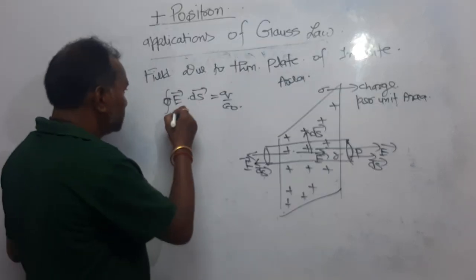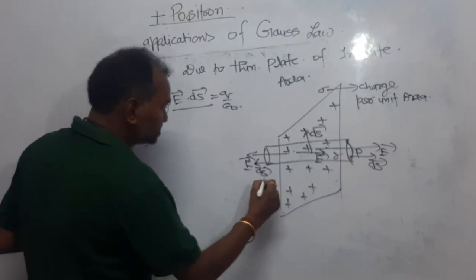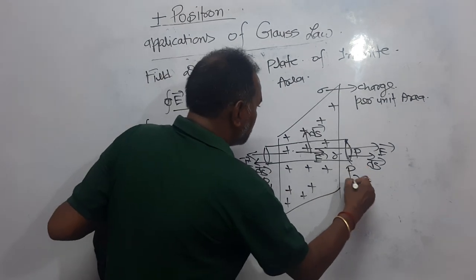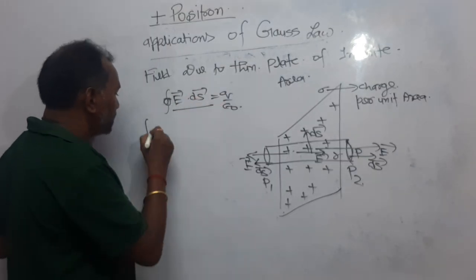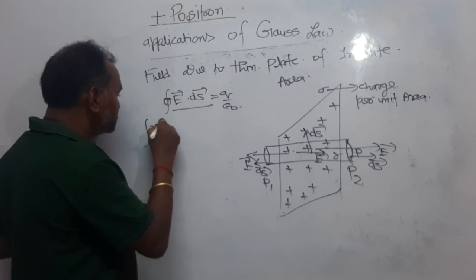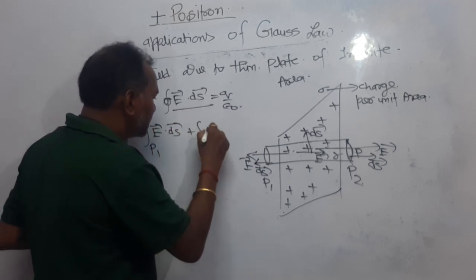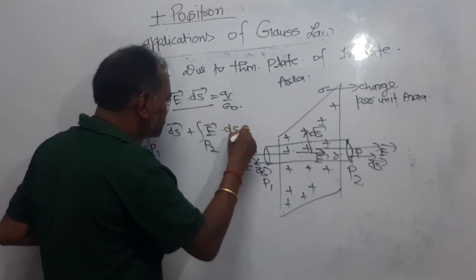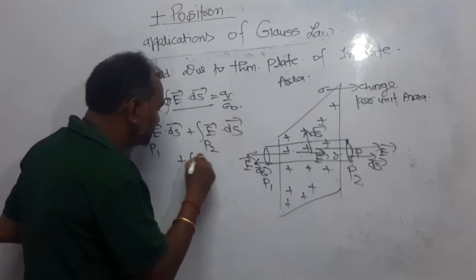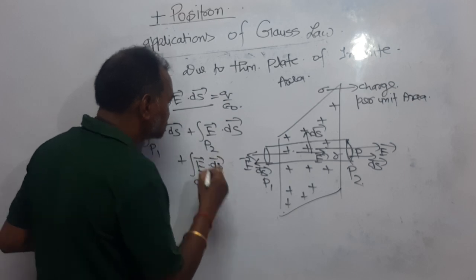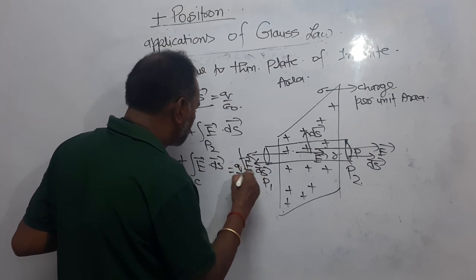So you can break it. This is plane P1, this is plane P2. Again I am breaking this Gauss law: on plane P1 that is integral E dot ds, plus plane P2 that is integral E dot ds, plus over the curved surface that is integral E dot ds, and that is equal to Q over epsilon naught.